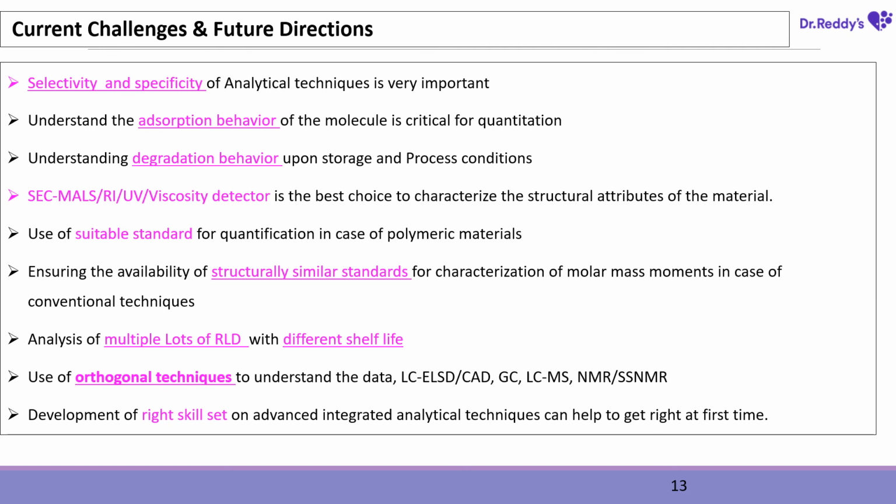Also ensure the availability of structurally similar standards if conventional SEC techniques are used, as we are going to see variability across the lots with time because of degradation, adsorption behaviors, etc. So analysis of multiple lots of RLD with different shelf life is important, and that is where we can correlate the data with the age of the sample and understand better.